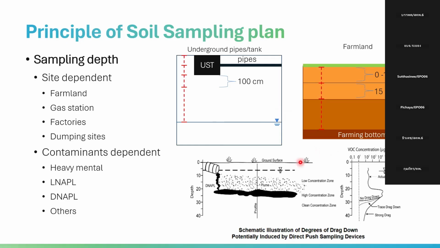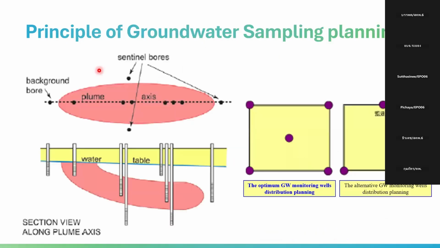of the unsaturated zone. And for groundwater sampling, I remember Professor Colin Chen mentioned you need at least one groundwater point at the upstream and at least three points at the downstream to take samples. But for LNAPL or DNAPL, you should consider the potential distribution of the groundwater.